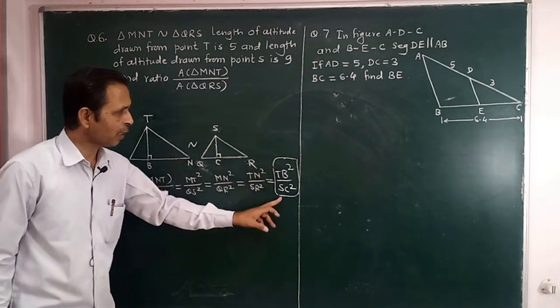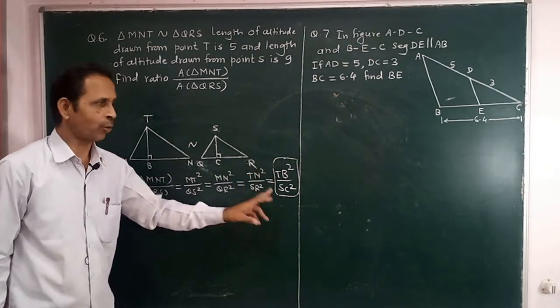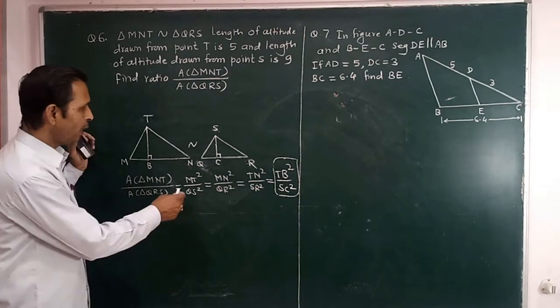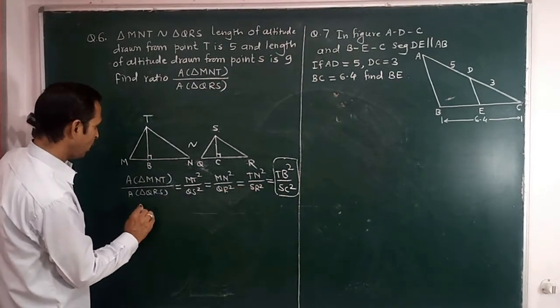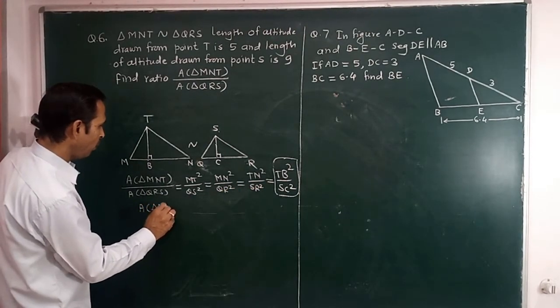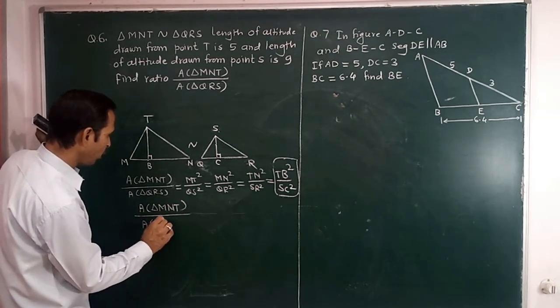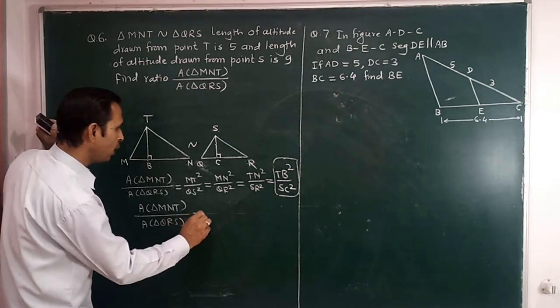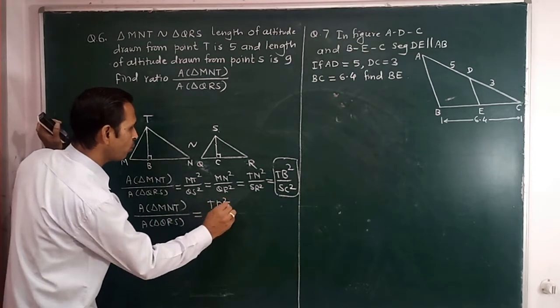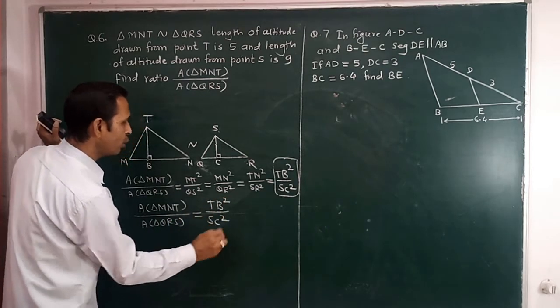Then medians are also in the same ratio, and that's why we write this formula: area of triangle MNT divided by area of triangle QRS is equal to TB square divided by SC square.